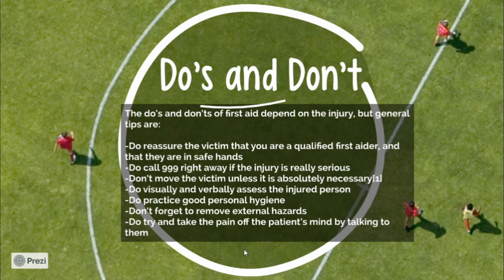Also remove debris or any hazardous materials in the environment of the injured person, for example a trunk or broken glass. Anything that might injure the victim, or you yourself as a first aider, is much better removed, so that when you perform the first aid procedure, you are safe and there is no harm.